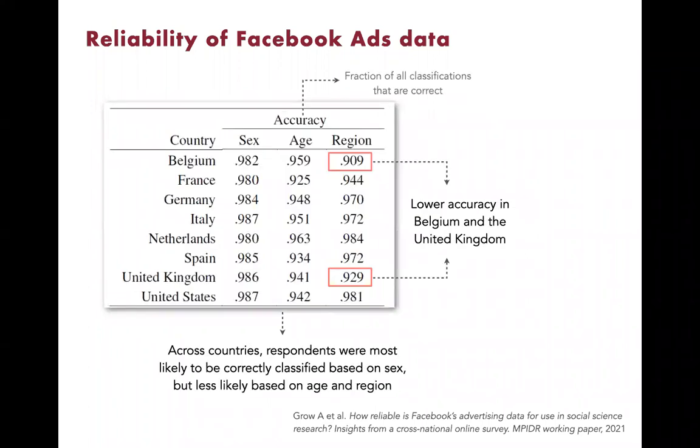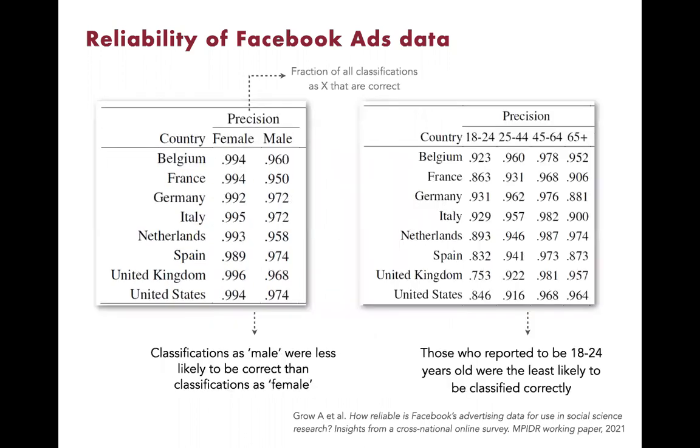And we can assess for which characteristics the misclassification were most likely to occur by computing the accuracy across countries. We see here in this table the classification accuracy was highest for sex, somewhat lower for age, ranging between 93 to 96%, while for region of residence, we observed it was significantly lower in Belgium and United Kingdom.